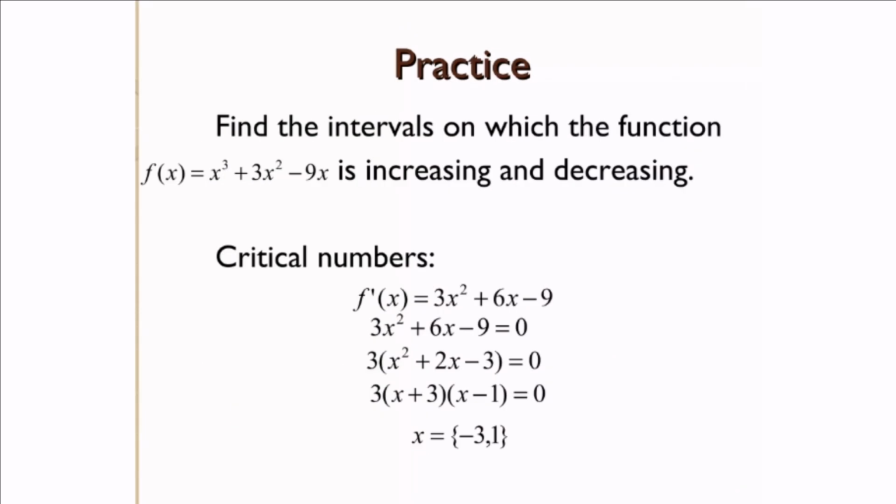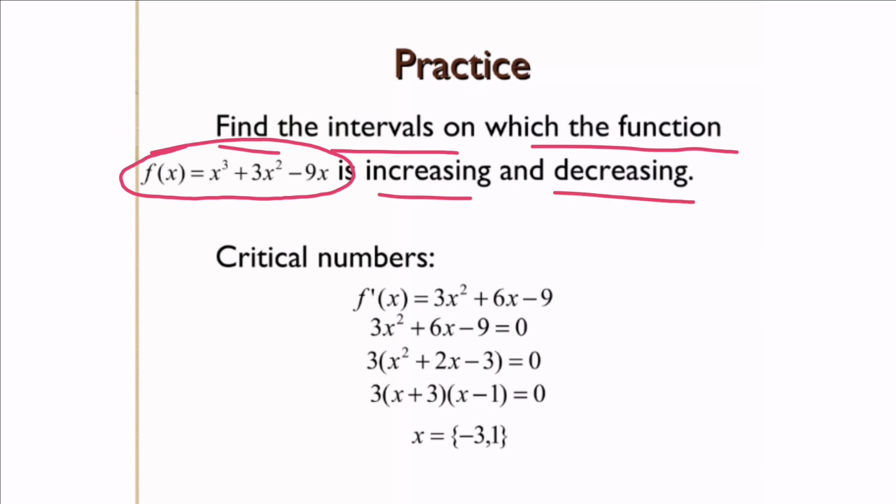Now, second example, the statement of this example is find the interval on which the function f of x is equal to x cube plus 3x square minus 9x is increasing and decreasing.